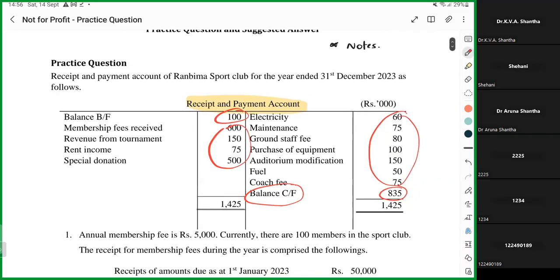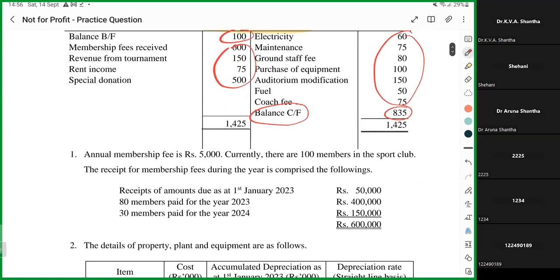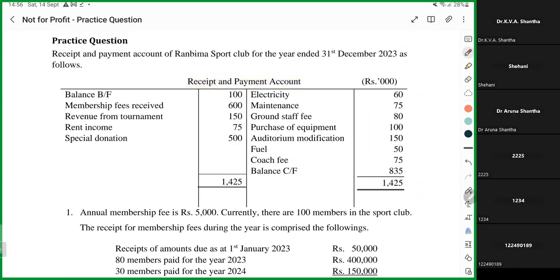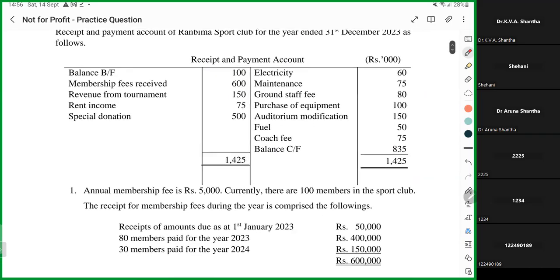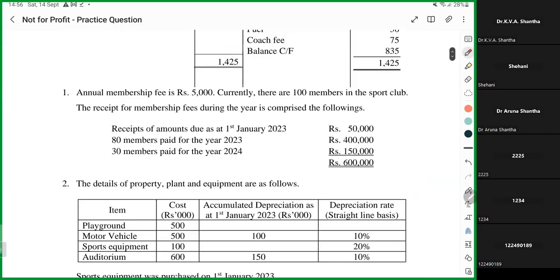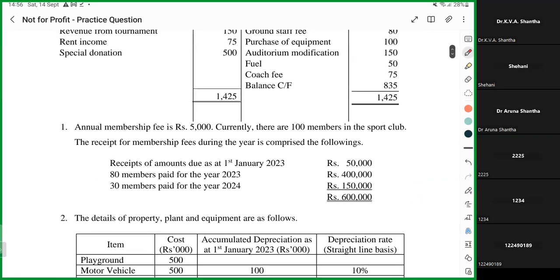Then you see some additional information. Now you have to carefully go through this. Annual membership fee is 5,000. Currently, there are 100 members in the club.